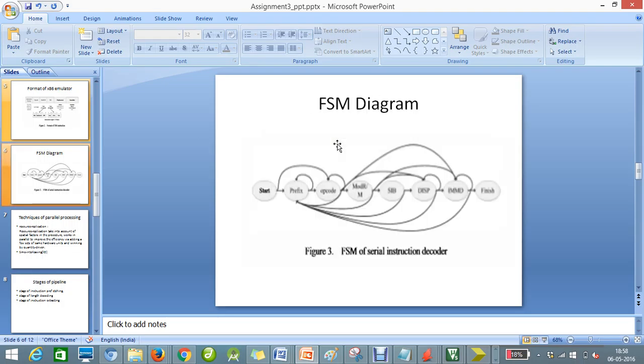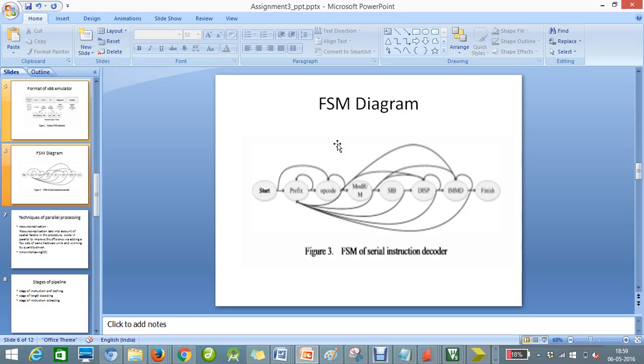This is the FSM of serial instruction decoder. It is a variable length instruction, so we cannot get the length of instruction in advance, and as we are not getting the length in advance, it's very difficult to predict how long that instruction should be. So we have to decode the instruction completely.